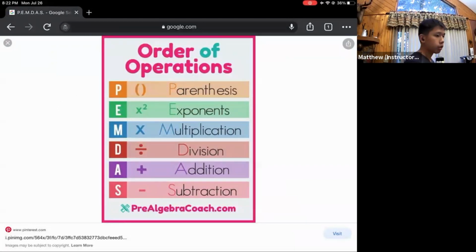When you have an equation, you always must start from the parentheses, left to right. You solve anything within parentheses, and then anything with exponents. Then anything that is multiplication or division, then finally addition and subtraction. You can never do addition and subtraction first and multiplication and division second, unless those are the only things.